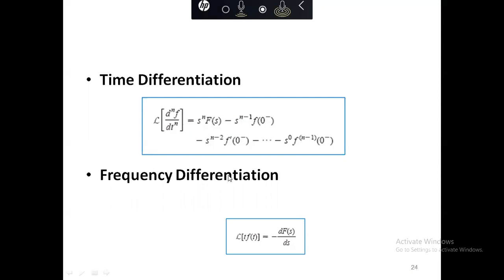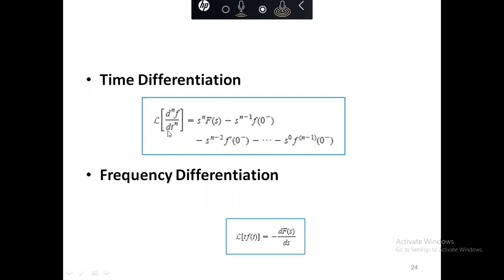The frequency differentiation is, for example, if we have the Laplace transform of t times f of t, it will be the differentiation in frequency domain, that is dF of s by ds.